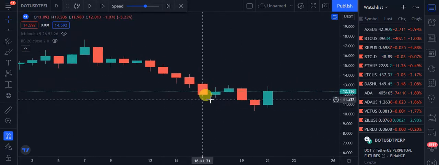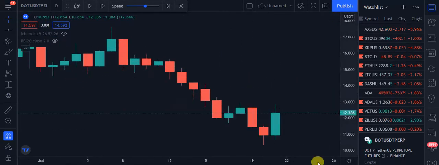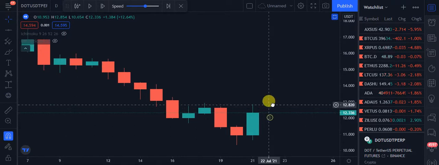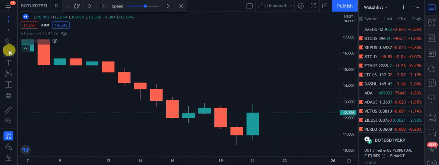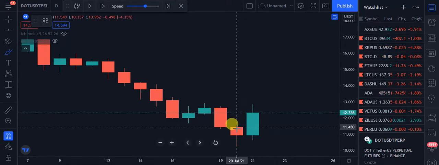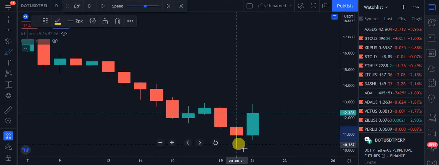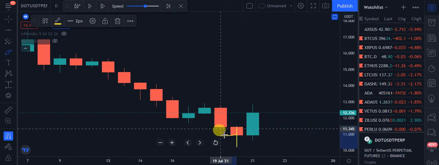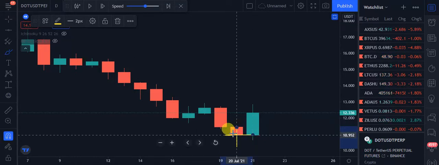Now let me zoom in very well. Look at this particular candle, this current candle. Let me first start from this red candle. This red candle is like a hammer, I've noticed. If you look at it, the candle started from here, pulled down to this region, then was pulled back up, and they ended the candle here.